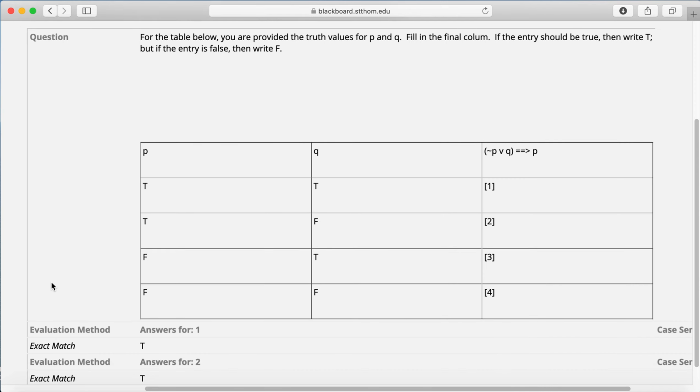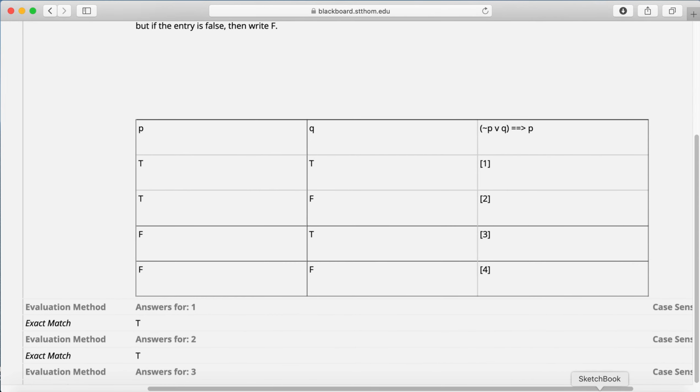Okay, so here we have another truth table. Let's go ahead and go through that real quick.